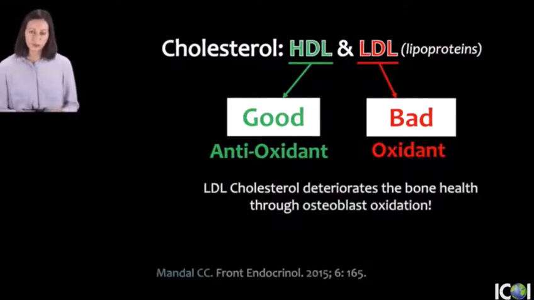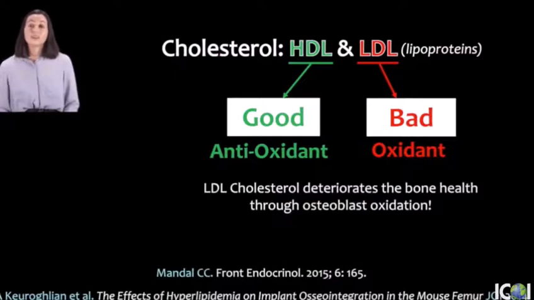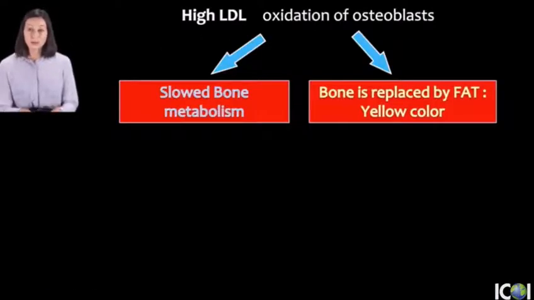And the bad cholesterol, the LDL cholesterol, will deteriorate the bone health through the oxidation of the osteoblast. This oxidation will slow the bone metabolism, and when the bone metabolism is slowed, it is replaced by fat. And this is why sometimes the bone can have this yellowish color.